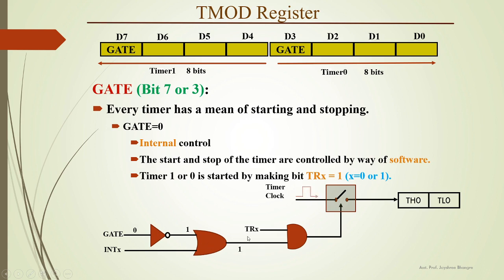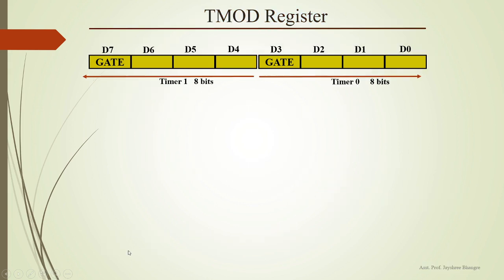Now if we make this TR1 bit 1, then the output of the AND gate will be 1, and this will close the switch and the timer starts counting. Here we are not applying any state to this INT pin, or we can say that the timer is operating regardless of the state of this INT pin.